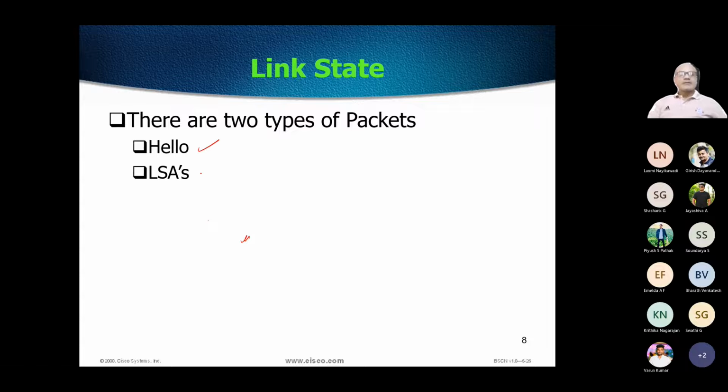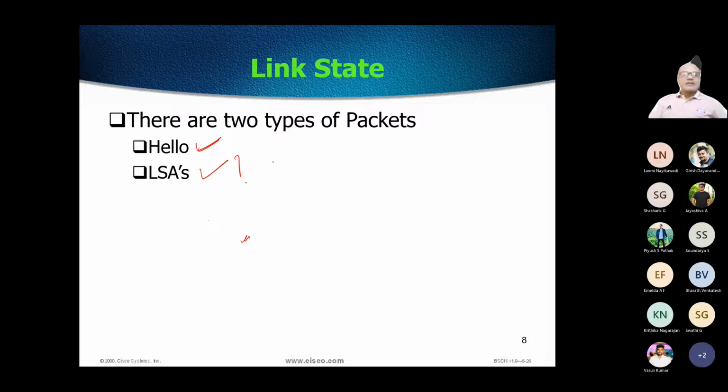Okay, so let's start. There are two types of packets available in your OSPF, that is Hello and your LSA. So what is LSA, guys? LSA is Link State Advertisement.